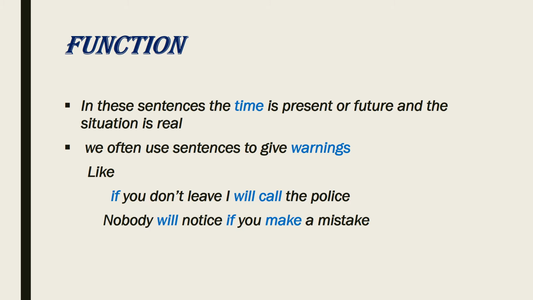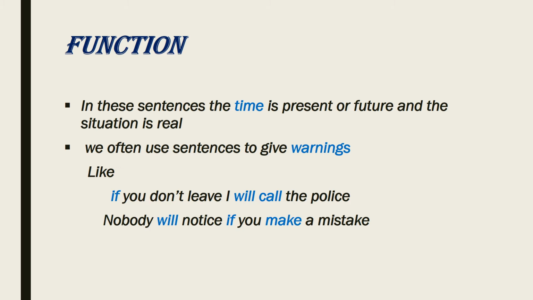We often use these sentences to give warnings, like, if you don't leave, I will call the police. If a person is catching someone, he says that if you don't leave, I will call the police. It is a warning. Nobody will notice if you make a mistake.